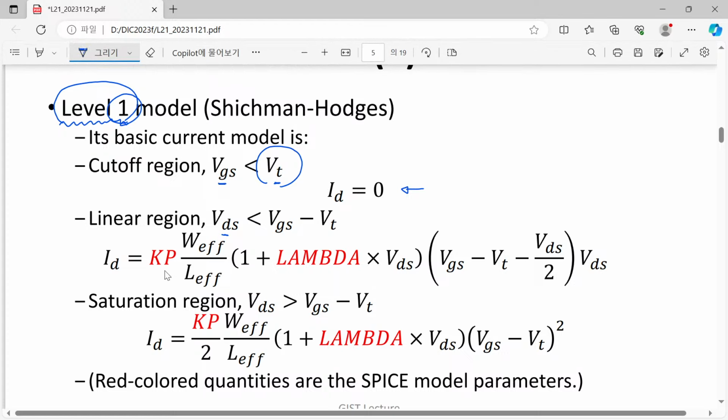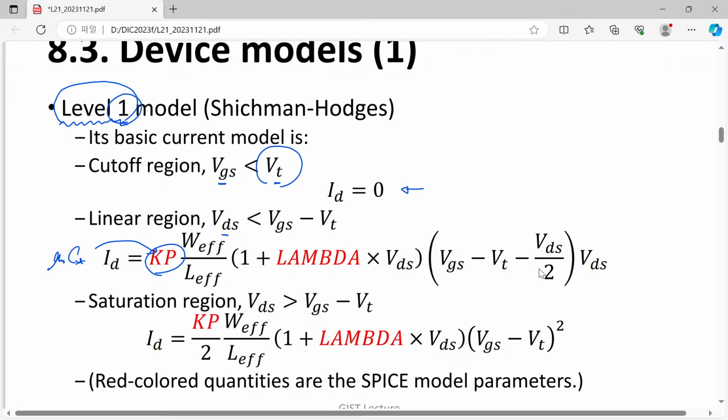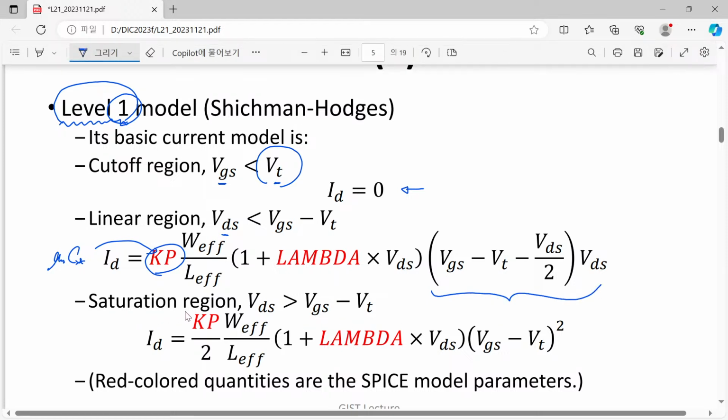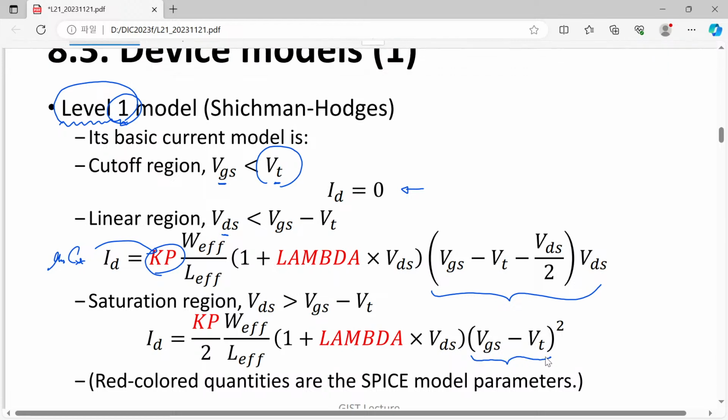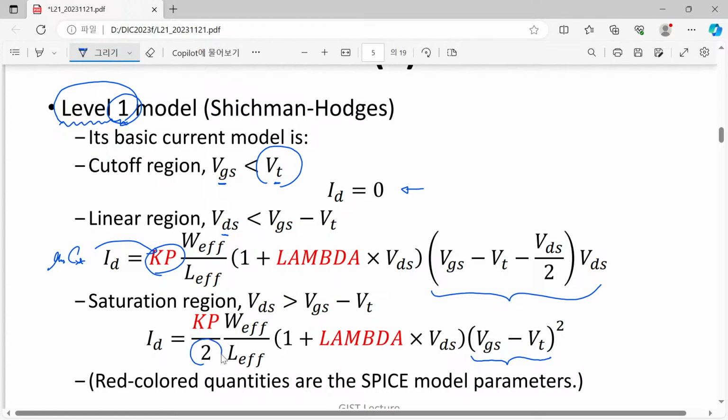What is this? Un Cox is this Kp parameter, times W over L, and here we have a certain factor. Maybe you are quite familiar with this factor, and even in the saturation region you can find the same one. Here you have a quadratic dependence on the gate overdrive voltage, and a factor of 1 over 2. Okay, so you know it.